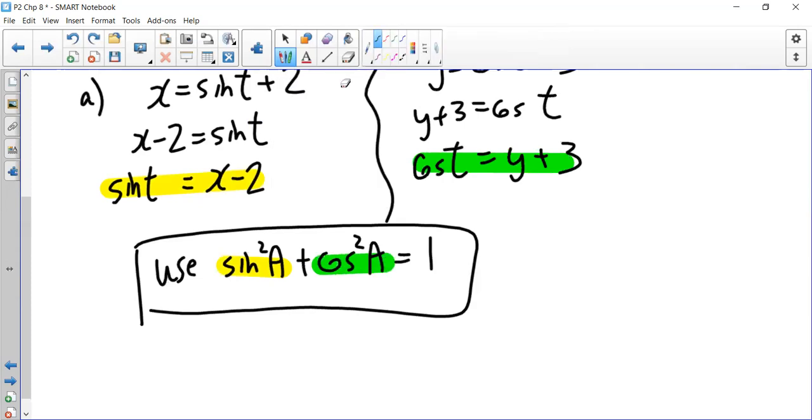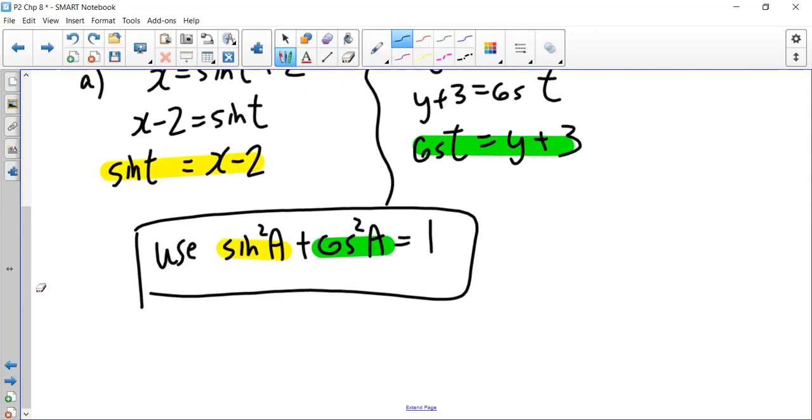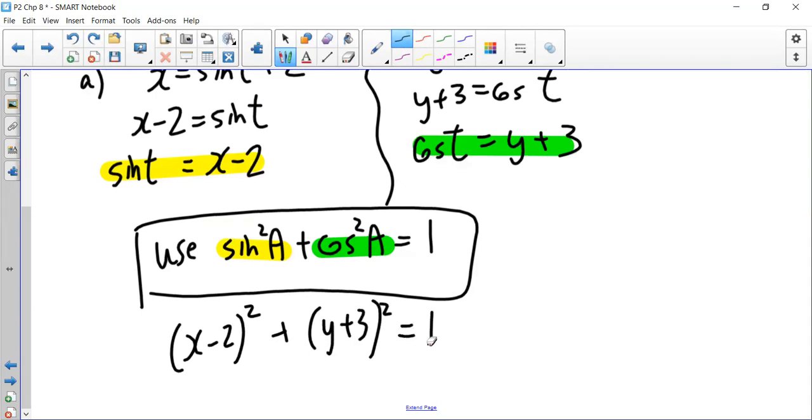So we can use the identity. The recipe calls for sin squared A, which means sin A squared. So x minus 2 squared plus cos squared A, so cos A, which is y plus 3 squared, equals 1. Can you see? This is my sin t, and there's my cos t.